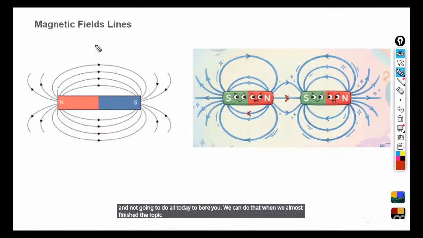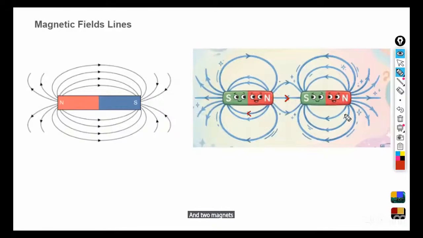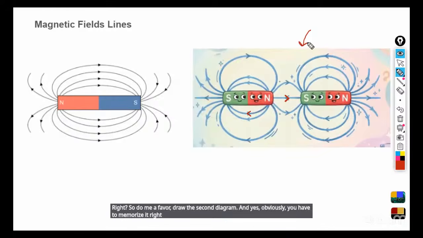For the time being, I just have two combinations: a single magnet, and two magnets where the opposite poles face each other. So do me a favor, draw the second diagram. And yes, obviously you have to memorize it. You have to memorize the patterns for the examiner.